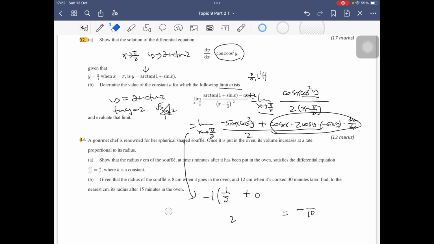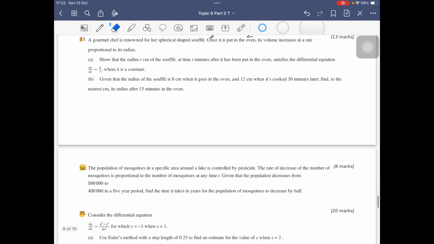Number 33. Gourmet chef. The spherical shaped souffle, proportional to its radius, the volume increases in terms of time at the rate of its radius. So show that the radius of the souffle after being put in the oven satisfies the differential equation.